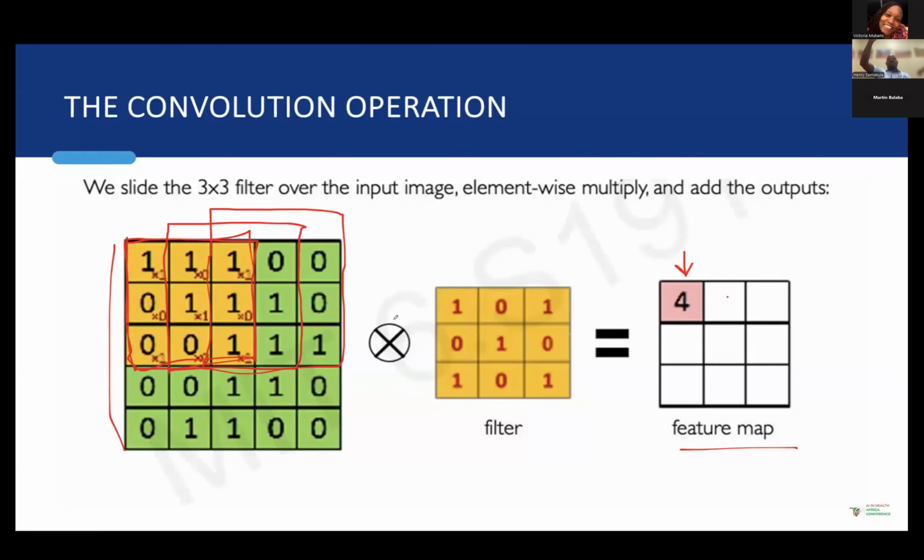Now you need to shift it from top to bottom. At the start, it started from here. Now it will start again from here, and you perform the convolution operation until you complete the entire image.